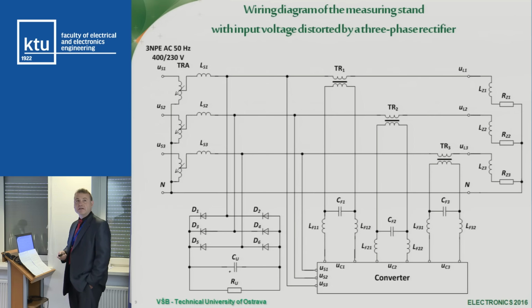That's the other example. Here is the distortion voltage, and here is the measure for this system, and we sum this UC in this system, and here is the sinusoidal output for these loads.